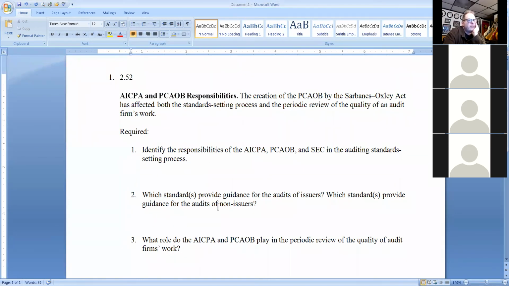Which standards provide guidance to the auditors for issuers and for non-issuers? Now, remember, issuers, they're publicly traded. And non-issuers are obviously not publicly traded.